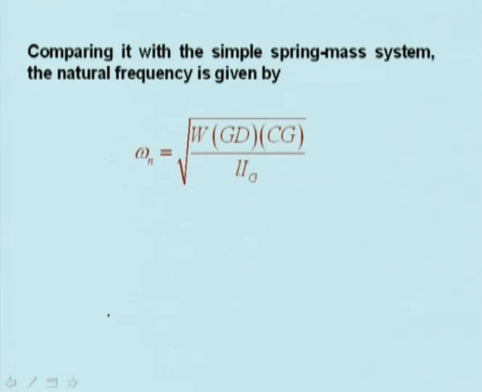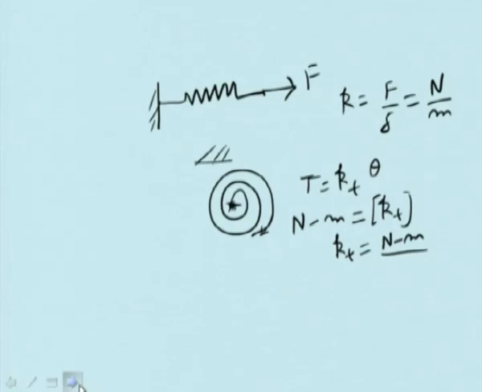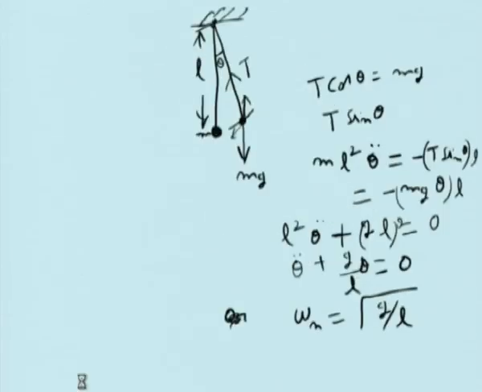Now I will do some simple problems for this system. Let us try to solve some other problems. Here there is a pivot and one rod is fixed here.